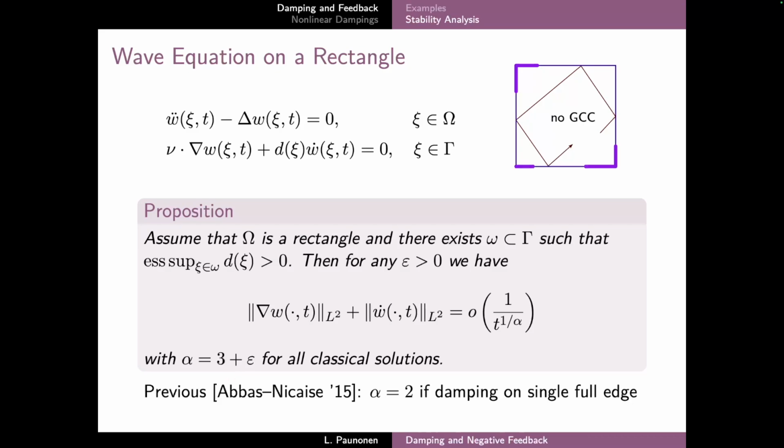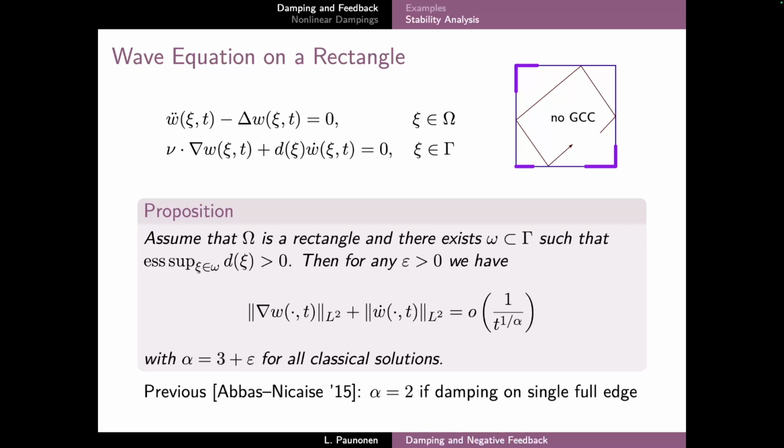And this is in fact a new result for the wave equation on the rectangle, because the only previous result we are aware of only considers the case where the rectangle is damped on a single full edge. In this case, it's possible to use Fourier decomposition to express the resolvent operator and estimate it accurately.